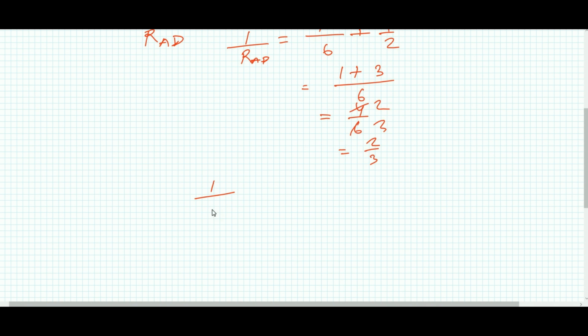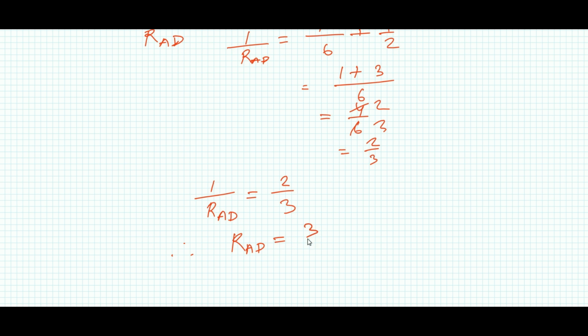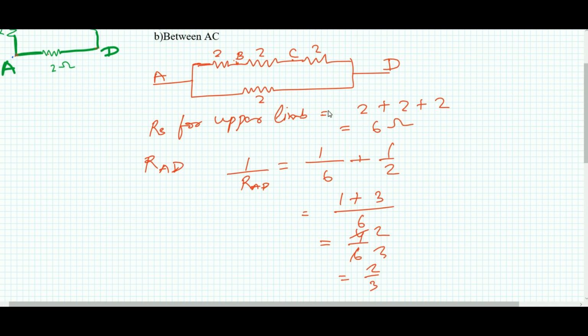That means 1 by RAD equal to 2 by 3. Therefore RAD, inverting the numerator and denominator, will be 3 by 2, that is equal to 1.5 ohms. So the resistance between A and D is 1.5 ohm.